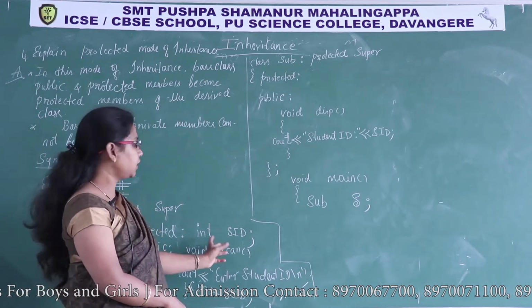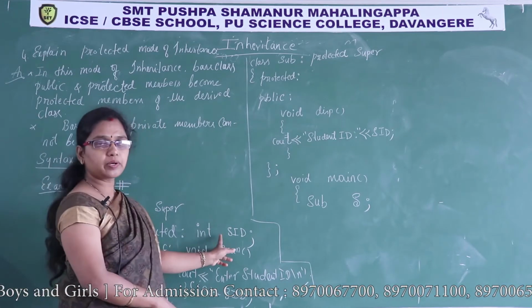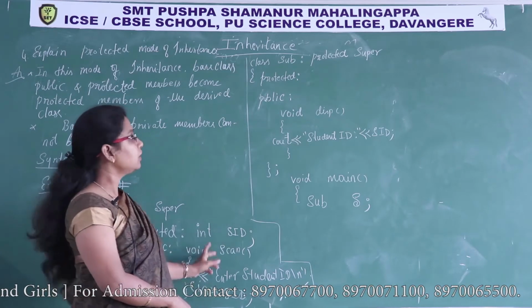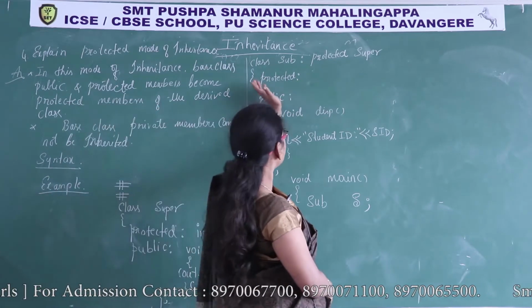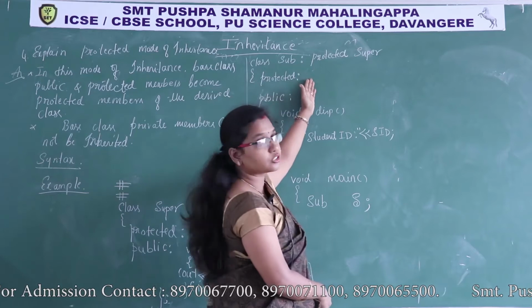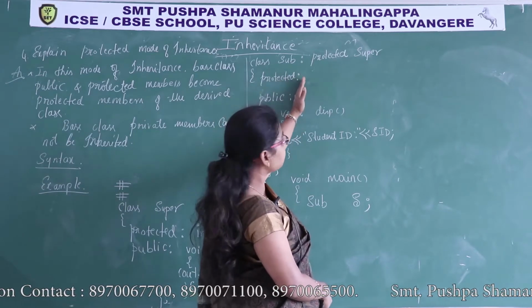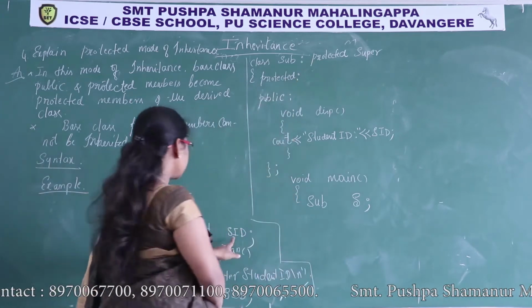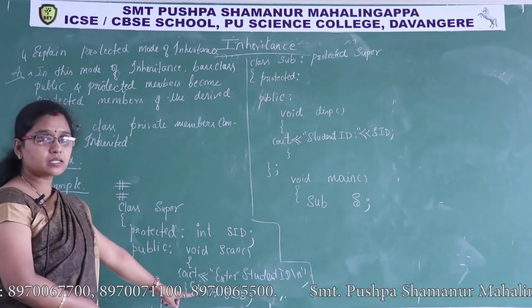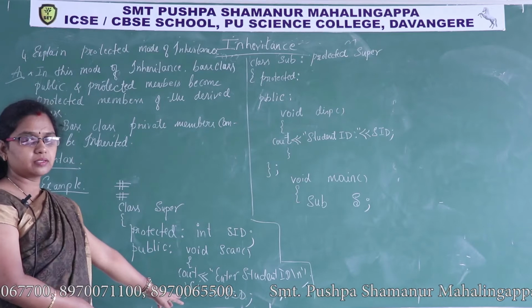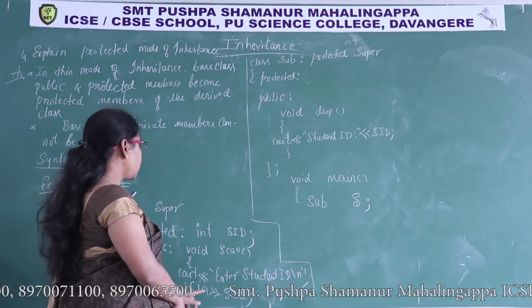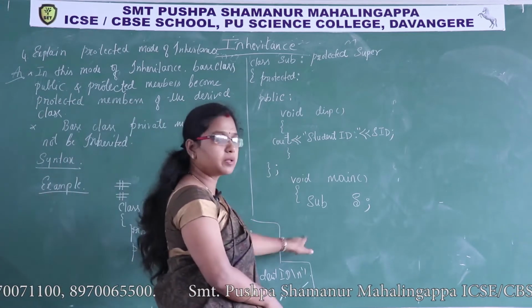You all know, after inheritance, base class protected member and public member go to the protected section of the derived class, isn't it? Now the protected section of sub contains SID and scan function, isn't it? So is it possible to call scan function directly from the main?